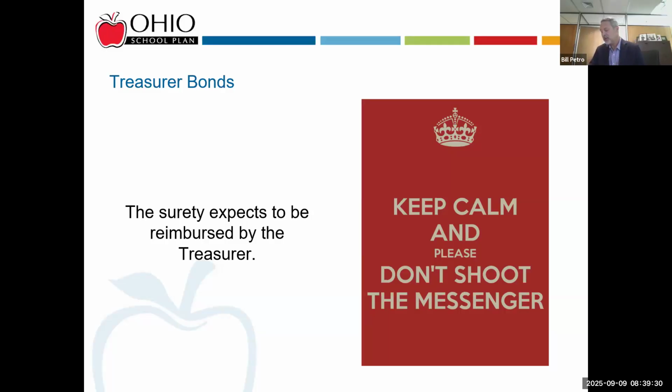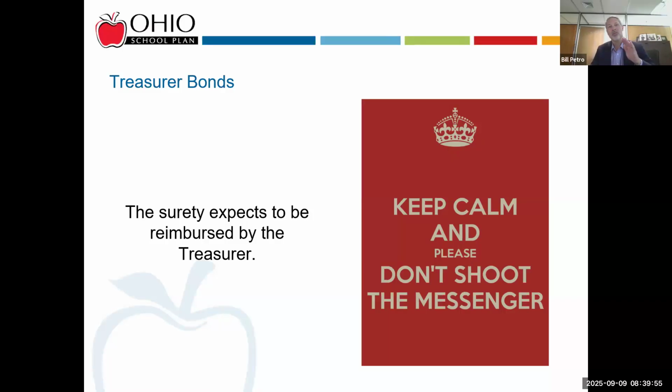They expect to be reimbursed, because the bonds don't protect the treasurer. They protect public monies. They protect the school's monies, the state money. They don't protect the treasurer.